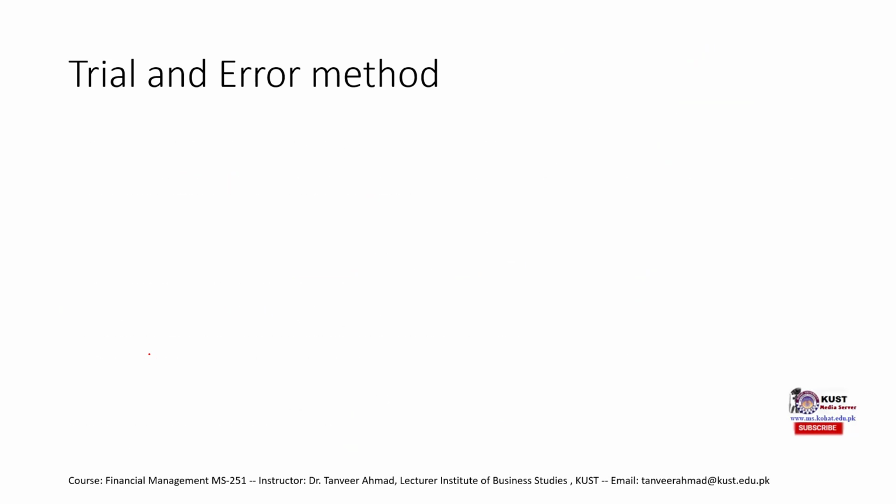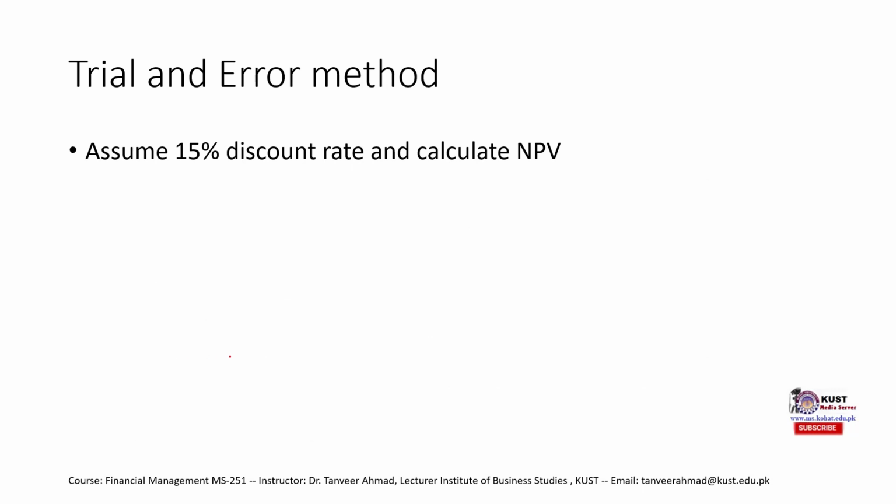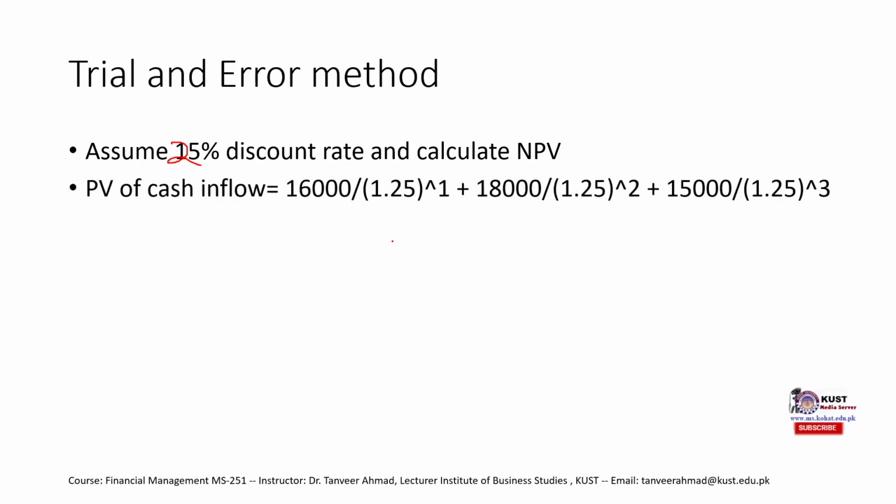So let's see. I have taken 25. I have assumed a 25% discount rate. And again I am going to calculate the present value of cash inflow. I have just replaced this part of the equation.